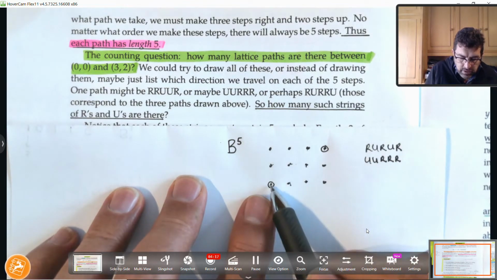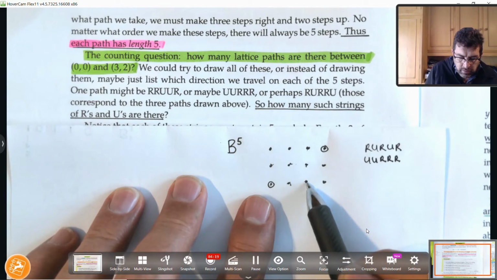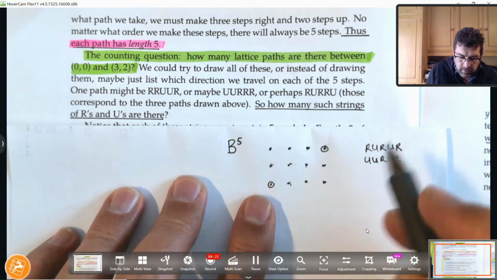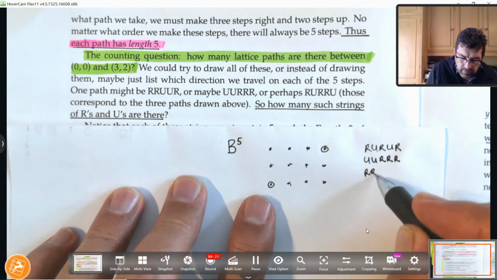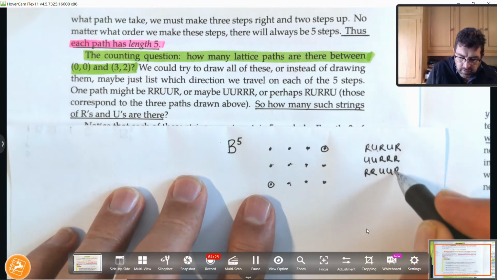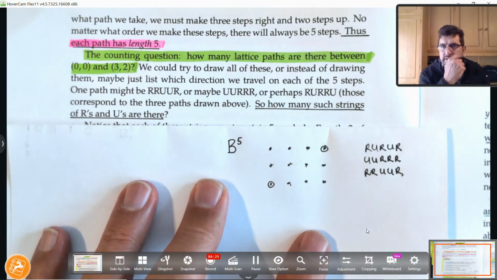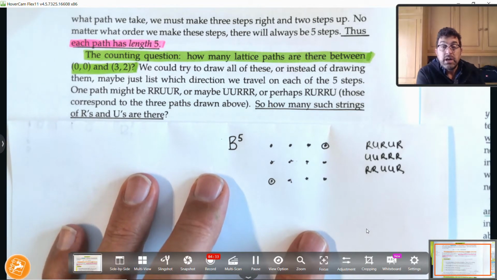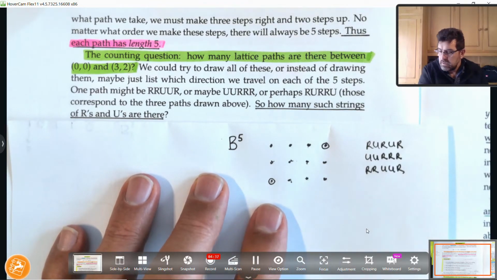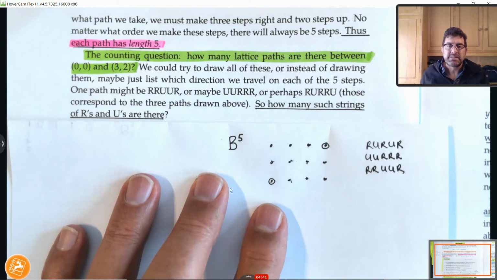Or we can go up, and then R, R, R. Or we can go R, R, up, R, or R, R, R, up, R. I think it's starting to become clear here that there's 5 steps. And if we now choose to represent our movements using a bit string, our bit string will have a length of 5.